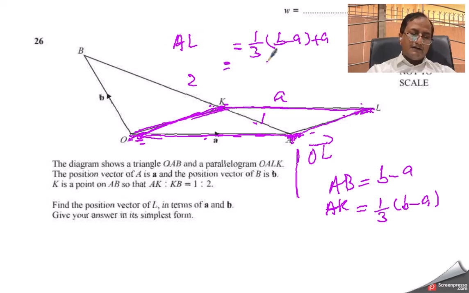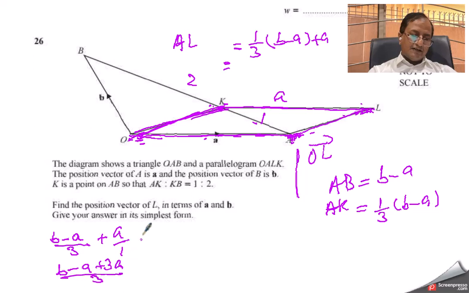Simplifying, we have (b minus a) over 3 plus a, which is (b minus a plus 3a) over 3, so AL is (b plus 2a) over 3.